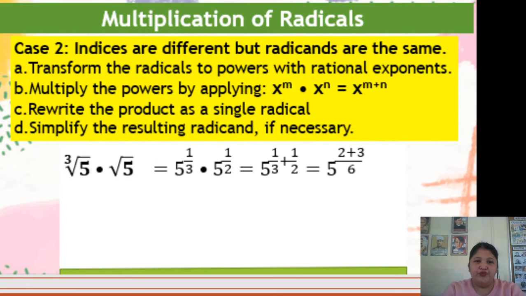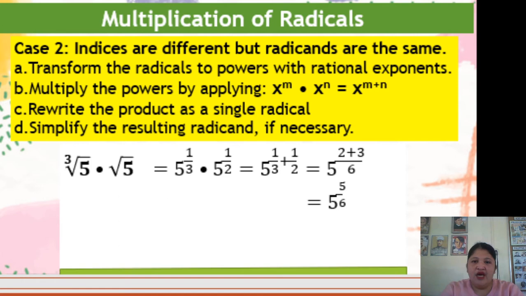For example, the cube root of 5 times square root of 5 is equal to, so we transform them into exponential form. We have now 5 raised to 1/3 times 5 raised to 1/2. This would be equal now to, following x^m times x^n is equal to x^(m+n), 5 raised to 1/3 plus 1/2, which is 5 raised to 2 plus 3 over 6.